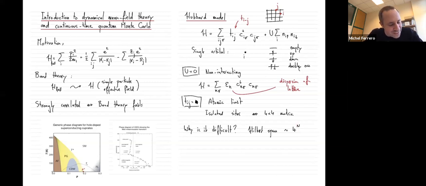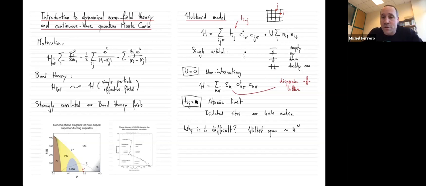This exponential number grows huge extremely quickly. In practice, doing more than 10 to 20 sites is really impossible, and even there I'm just talking about getting the ground state. Getting the full spectrum would be really difficult. So direct approaches like ED, exact diagonalization, will really suffer from this exponential explosion of the size of the Hilbert space. That is why it's difficult from a numerical point of view.